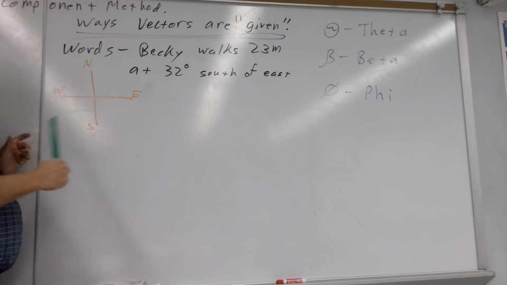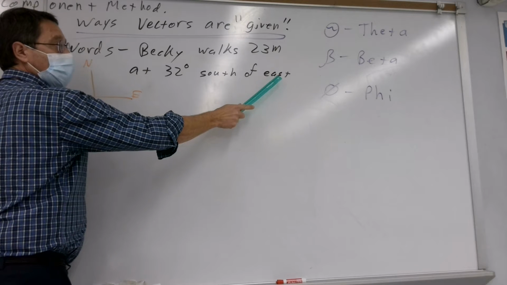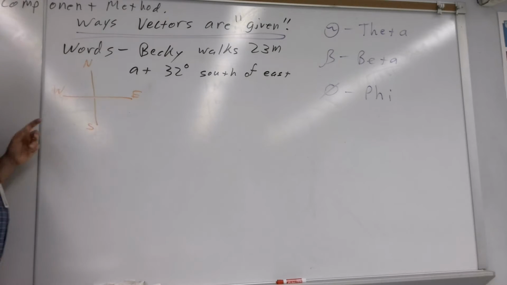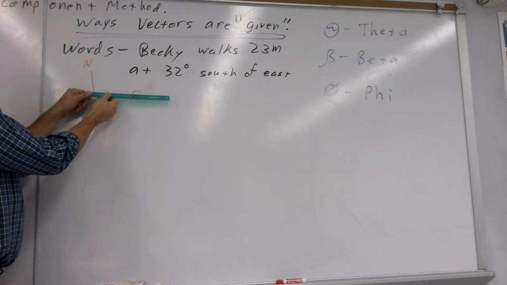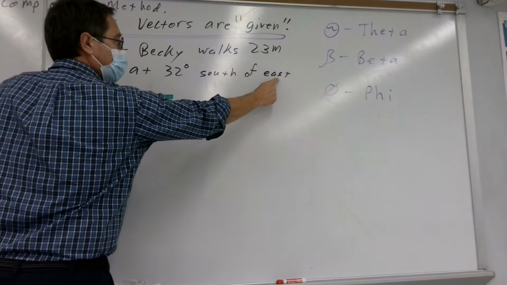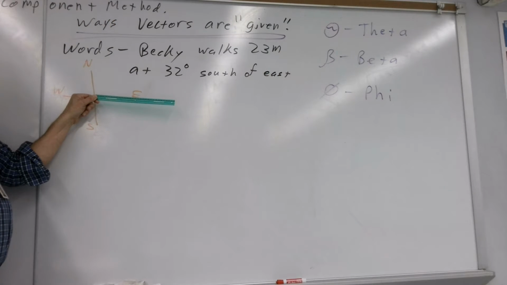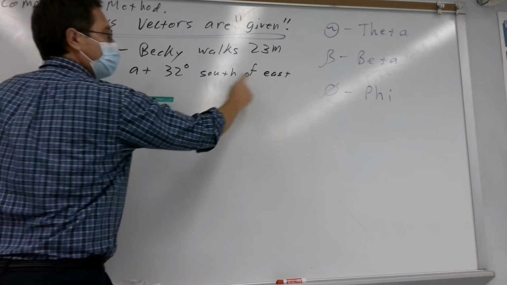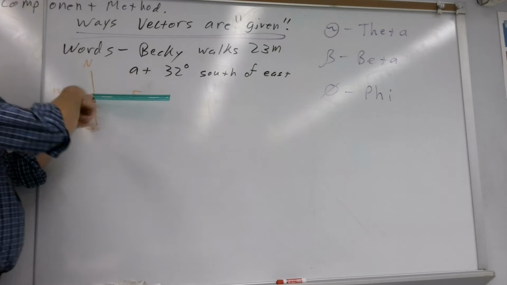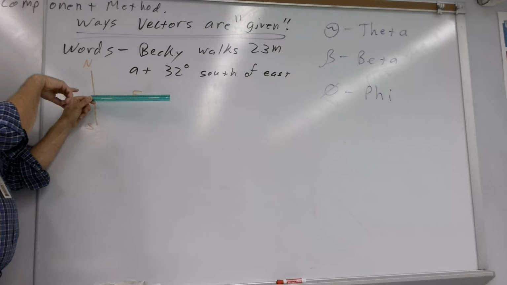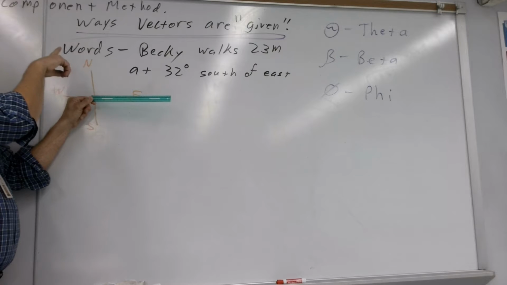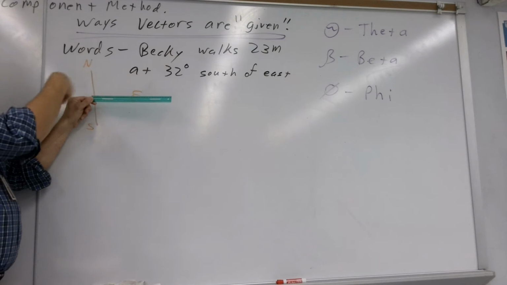Here's how this works. You're always starting by pointing your finger, or whatever is representing the vector, in the direction of the second word, so east. These two words will always be one of these four directions: north, south, east, west, or positive y, negative y, positive x, negative x.